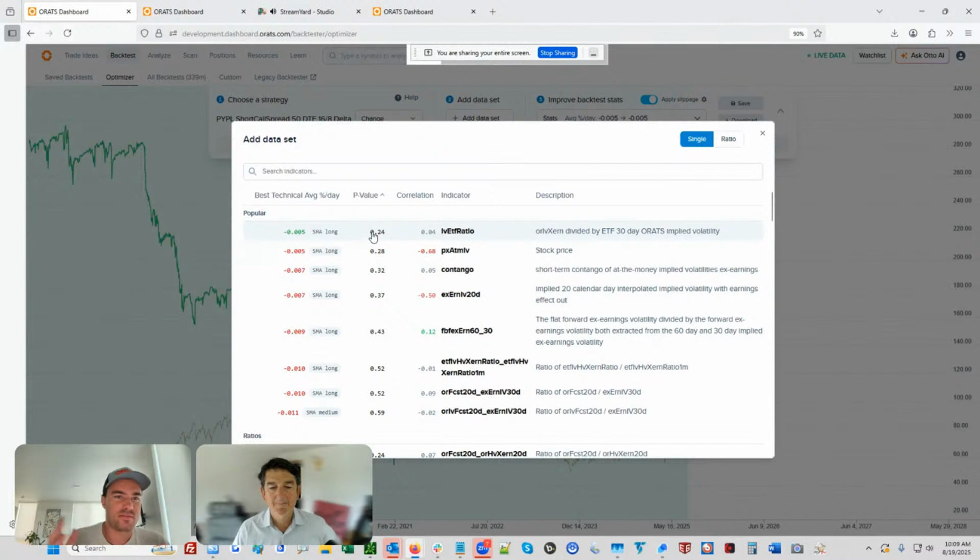So if this indicator improves the backtest up to that value on the left, for the one you're highlighting, let's look at the IV ETF ratio, the top one. It's got a 24% chance of that happening by chance.